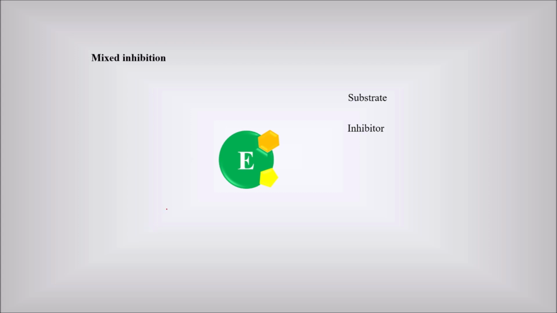If we discuss the equation which we are going to get, here the enzyme forms the enzyme substrate complex, and finally it forms the product. In mixed inhibitor, it will have the tendency to bind either with the free enzyme to form the enzyme inhibitor complex, or it can also bind with the enzyme substrate complex to form the enzyme substrate inhibitor complex.